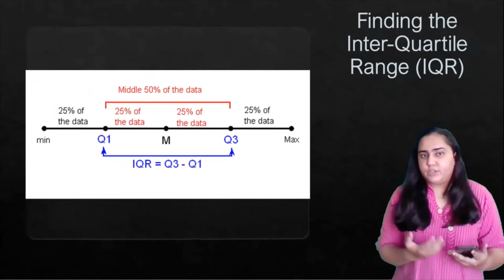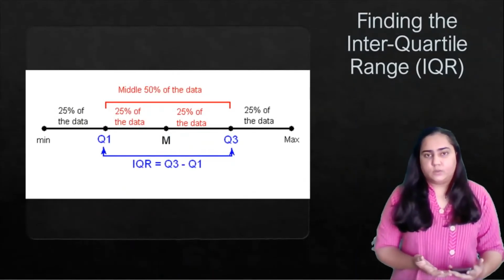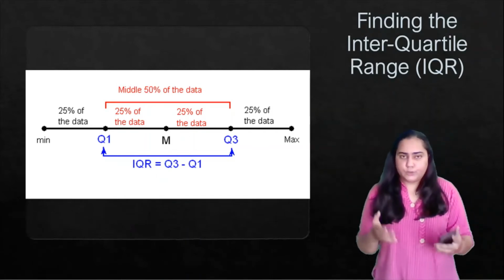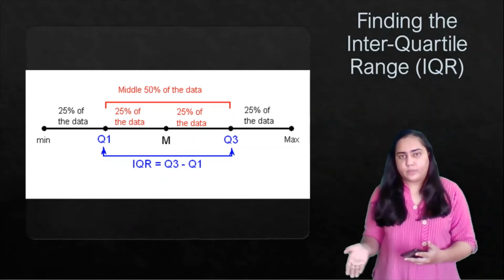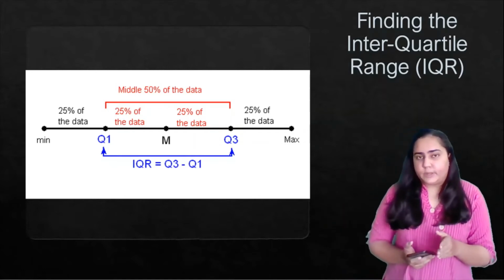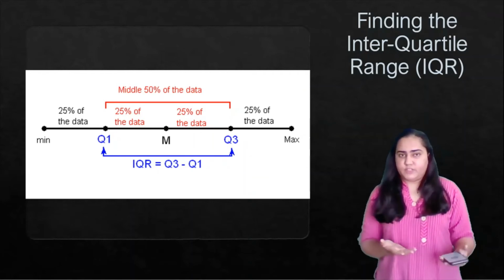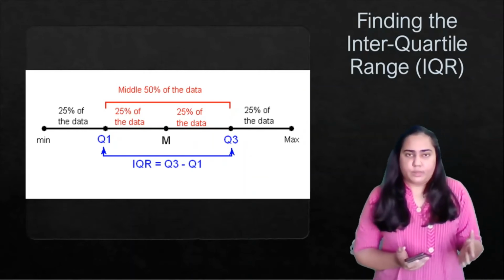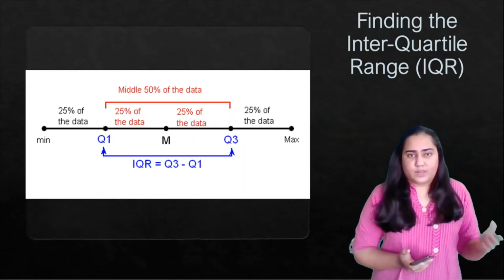Now your IQR, the interquartile range, is nothing but Q3 minus Q1. What you have is Q3 minus Q1, which is the middle 50%, because you are taking 25% below the median and 25% above the median.